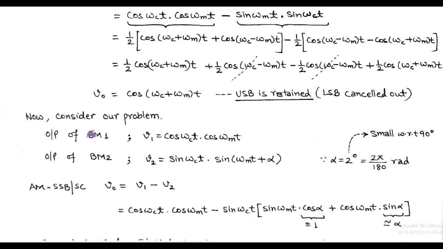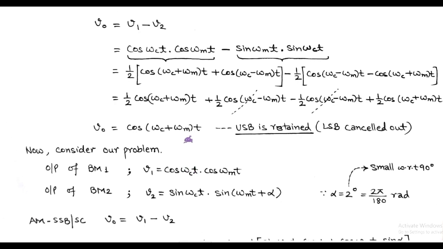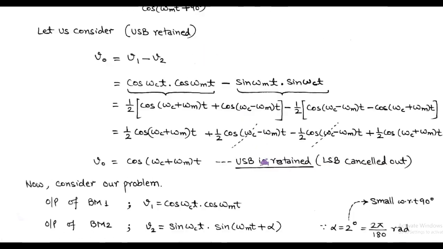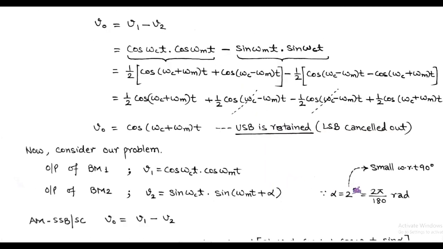So here the output of balance modulator 1 is V1 equals cos omega ct into cos omega mt, and the output of balance modulator 2 is V2 equals sin omega ct into sin of (omega mt plus alpha). Here alpha is 2 degree, which deviates from the ideal one, and in terms of radian it is 2 pi upon 180.